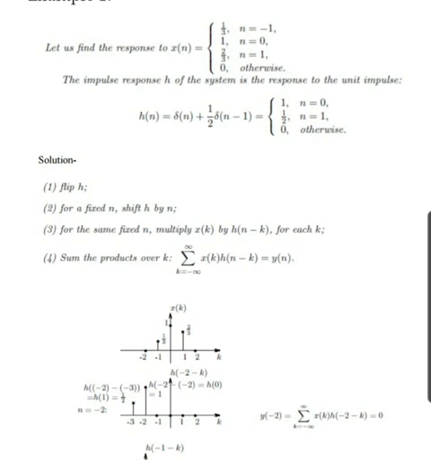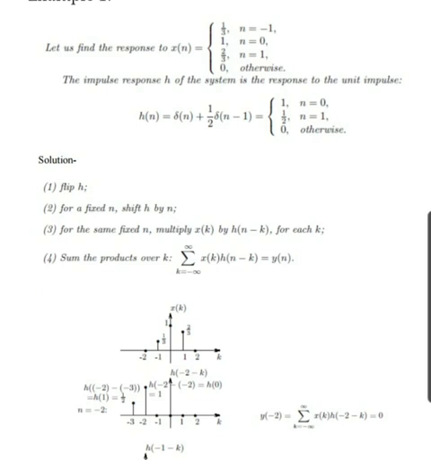For n equal to 0 it is 1, for n equal to 1 it is 2/3, for minus 1 it is 1/3, and otherwise it is 0, meaning for 2 and minus 2 it is all 0.